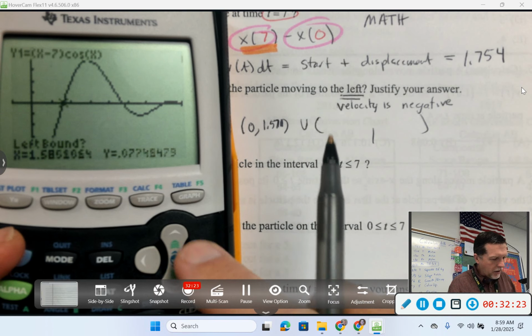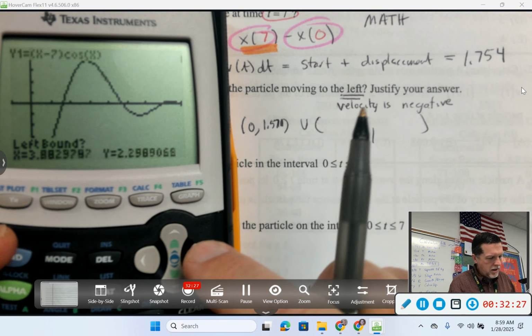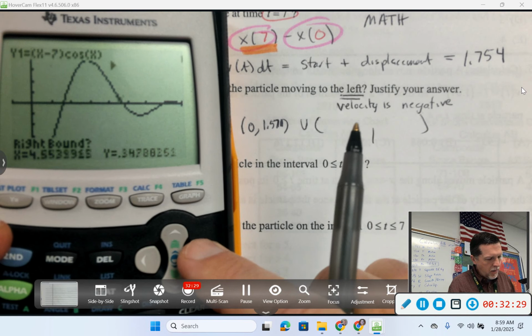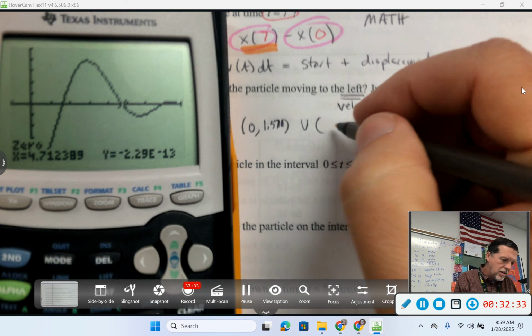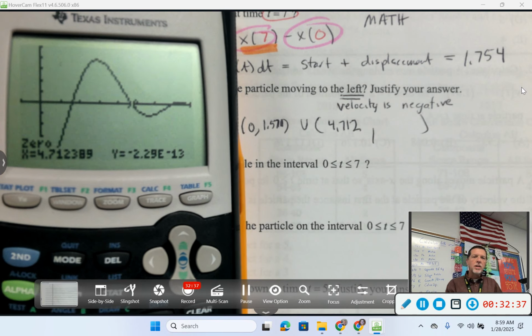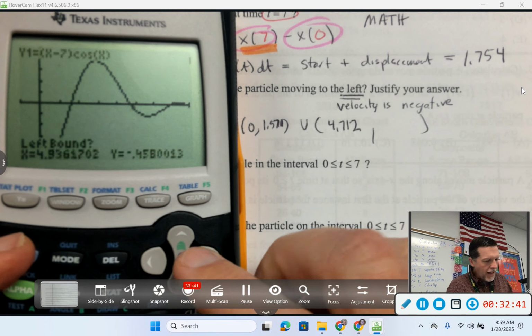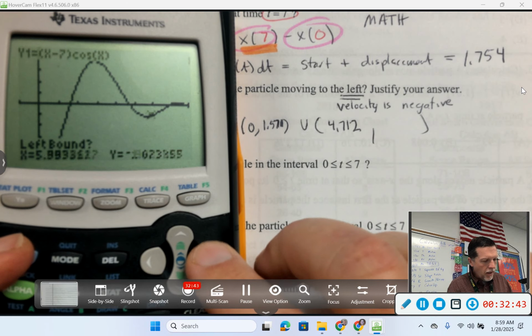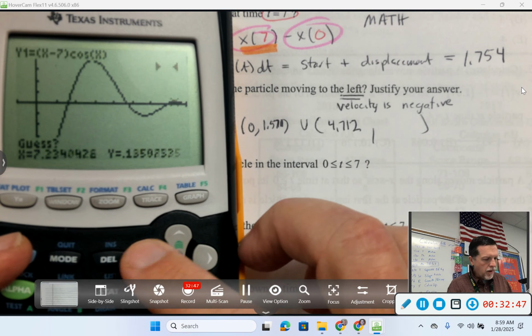And then I need to go find the other ones. Left bound, right bound, guess. 4.712. And then the last one, left bound, right bound, guess.